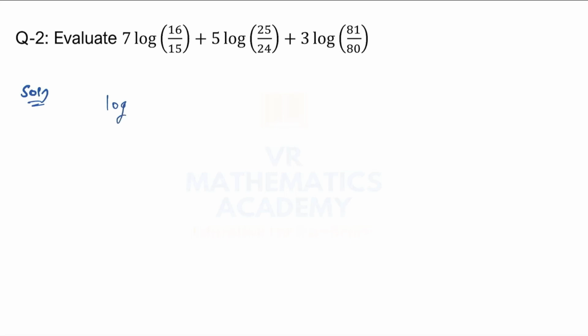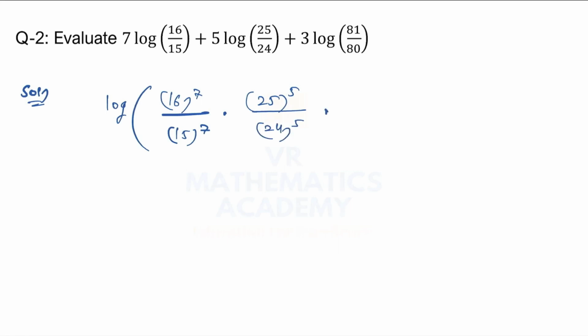According to those laws, we take 7 as a power, so it will be 16 raised to the power 7 over 15 raised to the power 7, multiplied by 25 raised to the power 5 over 24 raised to the power 5, and 81 raised to the power 3 over 80 raised to the power 3.